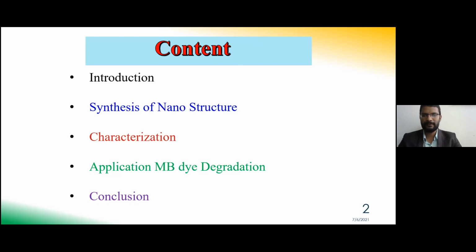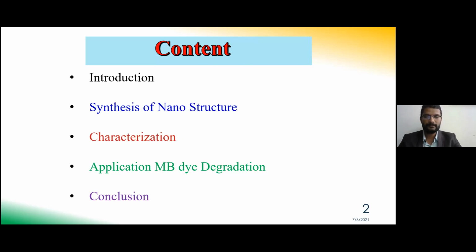In the introduction, I'll explain why synthesizing this two-dimensional zinc oxide nanomaterial is an important concept for us. For the synthesis of this two-dimensional zinc oxide nanostructure, we are using the hydrothermal method at a reaction temperature of 180 degrees. We vary the reaction time: 2 hours, 4 hours, 8 hours and 12 hours.